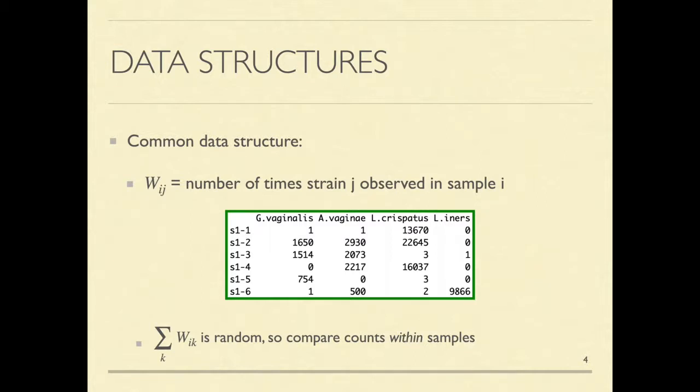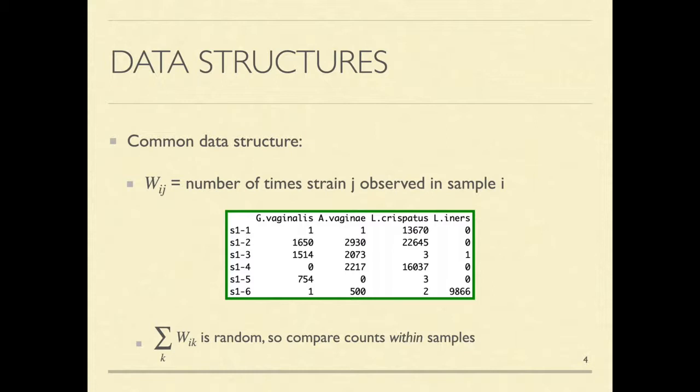And so the way that this technology works, if we sum across the columns for a given row, we can total up the number of bacteria that we counted in that sample, and that number is a random number. And so it's not necessarily informative for how many bacteria are present in the environment that the sample was taken from. And so what we can do is compare counts within samples, but not necessarily across samples.